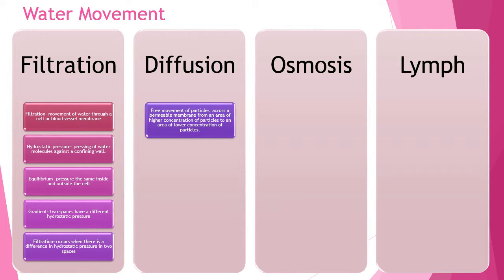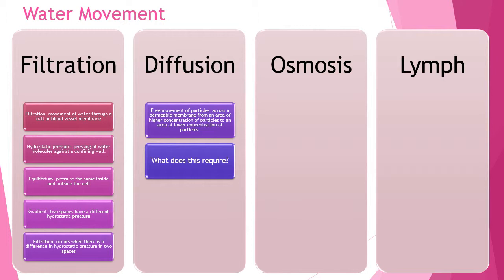Diffusion is the free movement of particles across a permeable membrane from an area of higher concentration to an area of lower concentration. What does this type of action require? Well, it requires special transport systems, also called membrane pumps.